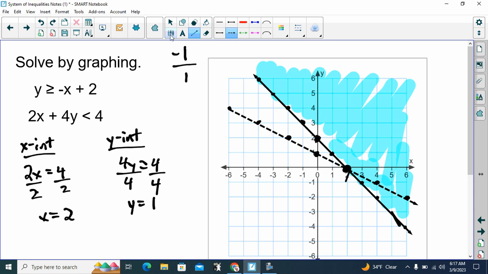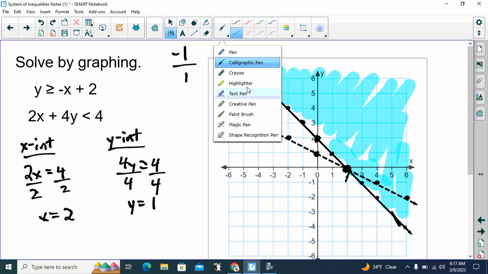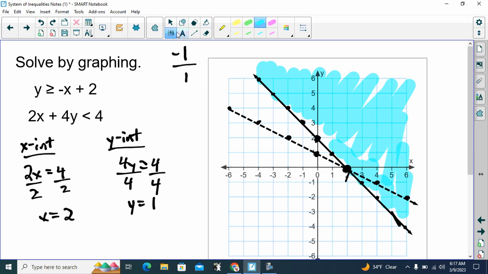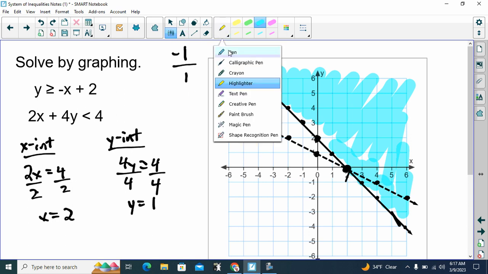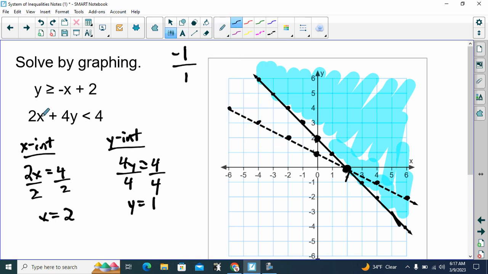And it is in standard form, so we cannot just go above or below. We need to plug in a test point. So if I put in 0, 0, this says 0 is less than 4. That's true again.